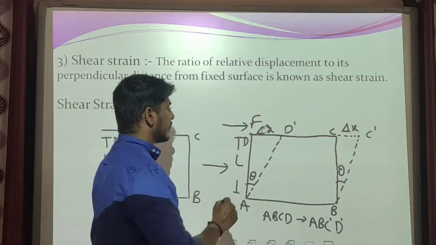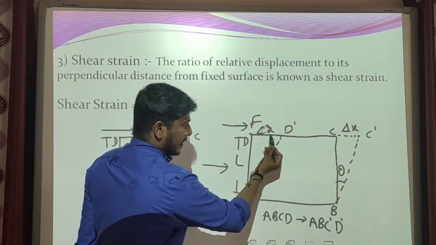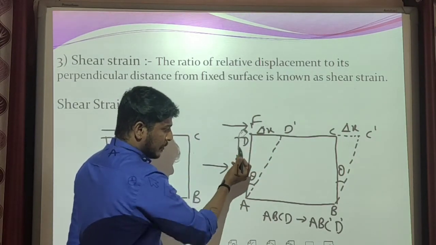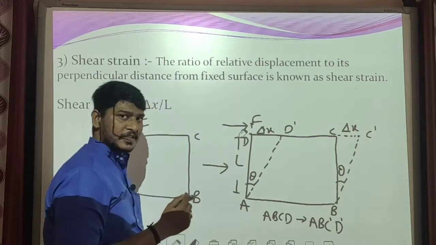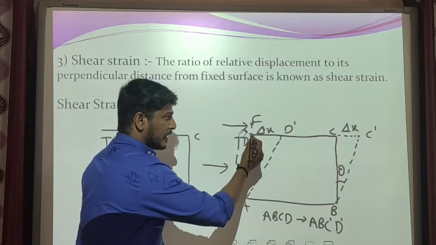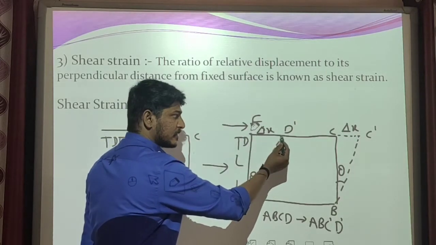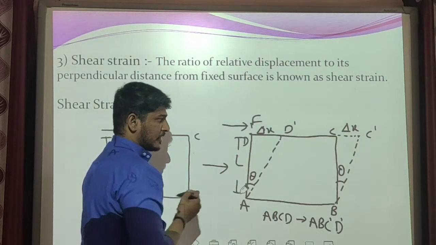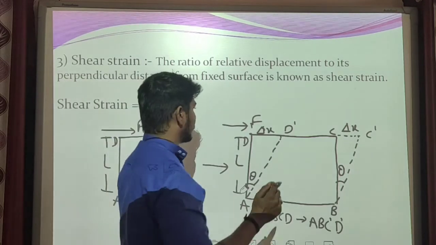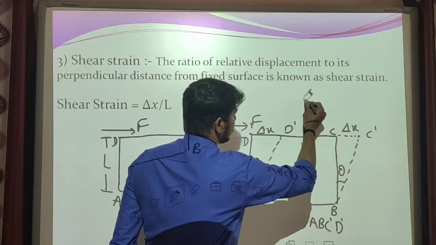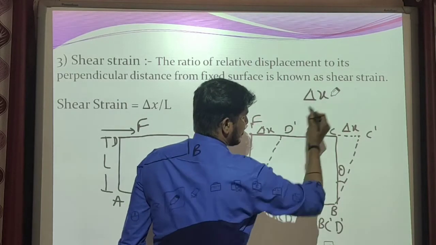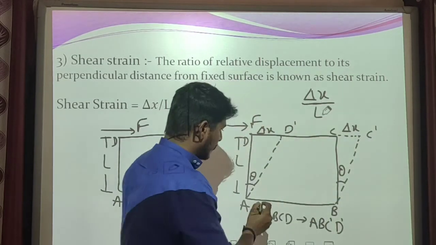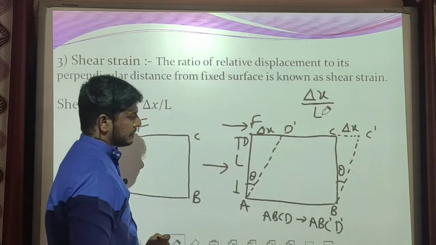In this case, we define shear strain as the relative displacement per unit original length or perpendicular distance. Shear strain is simply the relative displacement or angular displacement per unit perpendicular distance or original length.